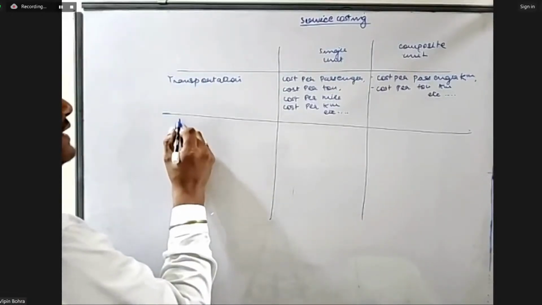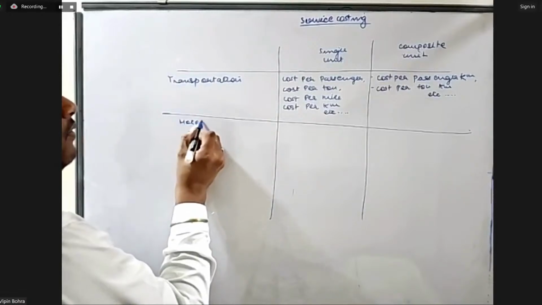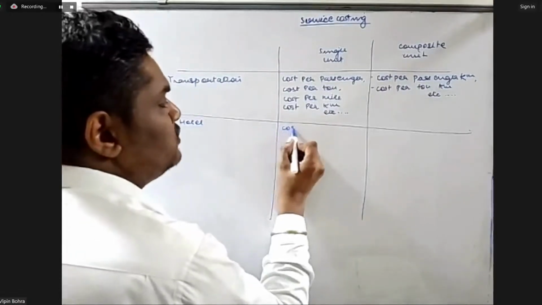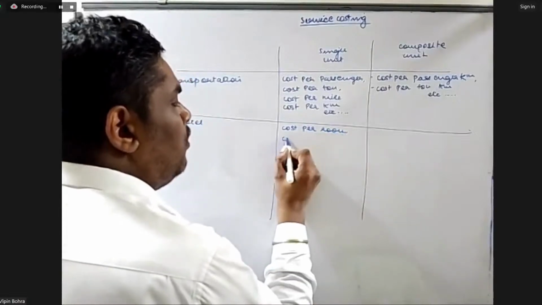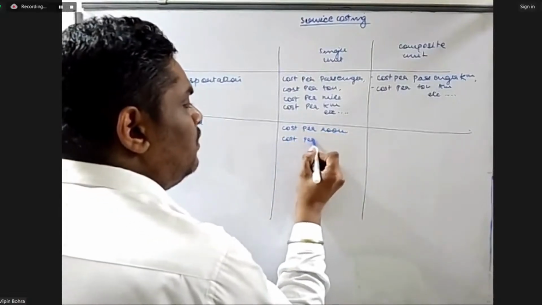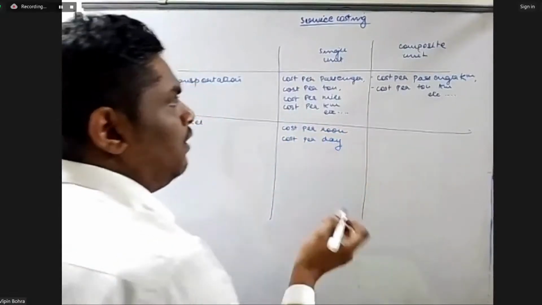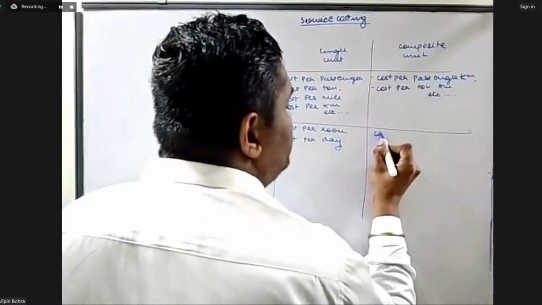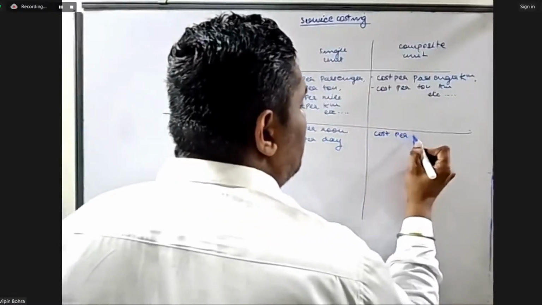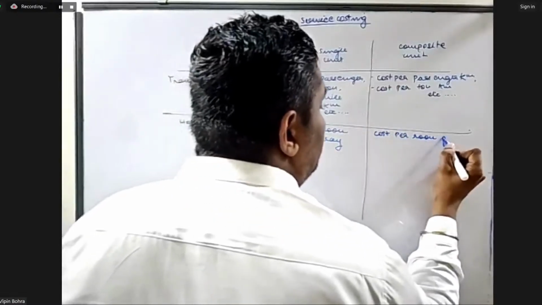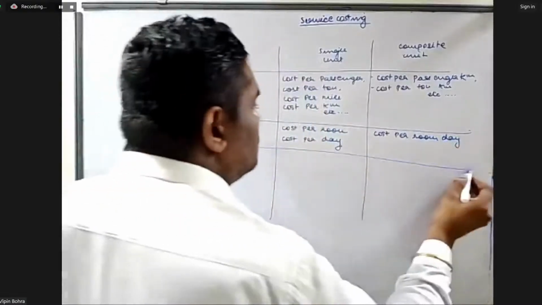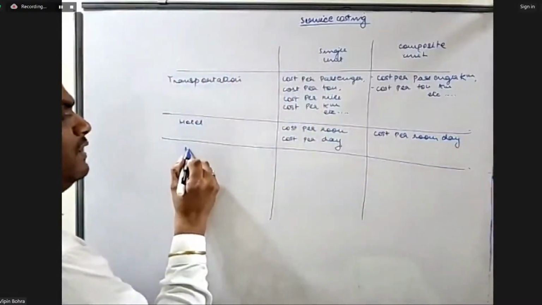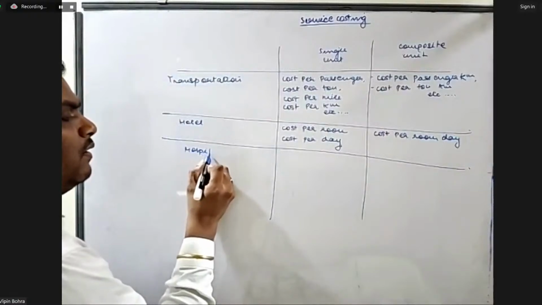Now, next is, let's say, the hotel industry. It can be cost per room, cost per day. And talking about composite unit, it can be cost per room day. In the hospital industry, we can say cost per patient, cost per bed.